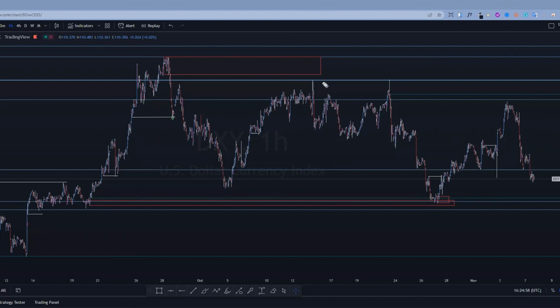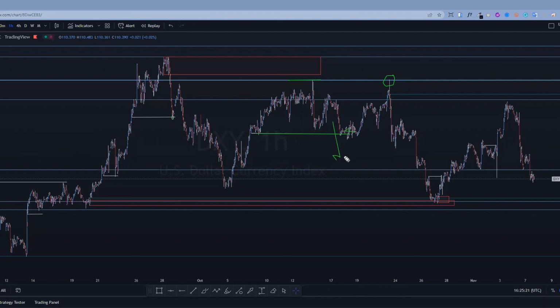Or when price is reacting from here, it's getting rejected. It's like price is approaching this level and gets rejected to the downside. Before that, we just broke these lows. So where is price coming from? Price is kind of respecting this level of highs, and we just broke these lows, right? So where is the next opportunity?